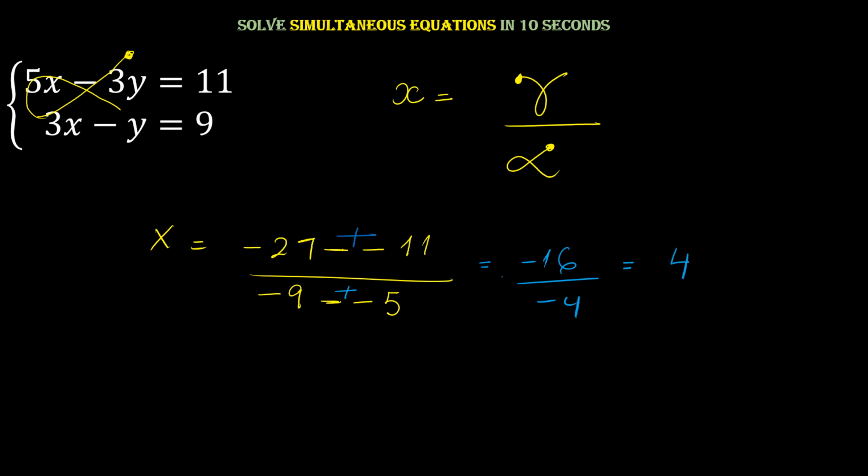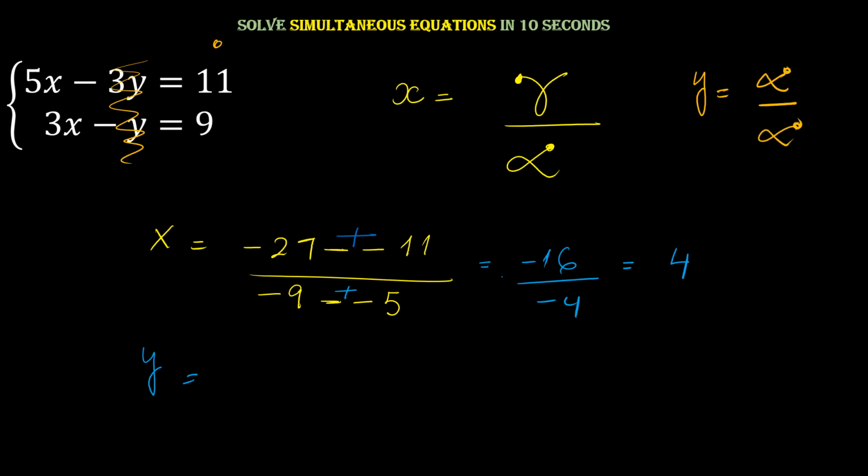Now what is my y? For the y, again I have to clear the things. I will ignore my y values because I need to find the y, so I will hide my y values. Let's make the y values pattern, that is alpha over alpha.